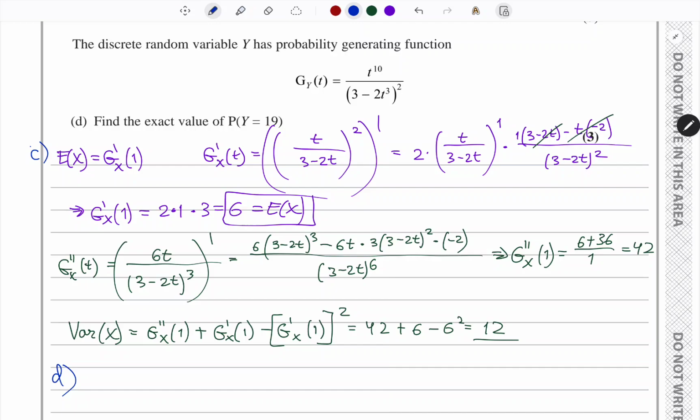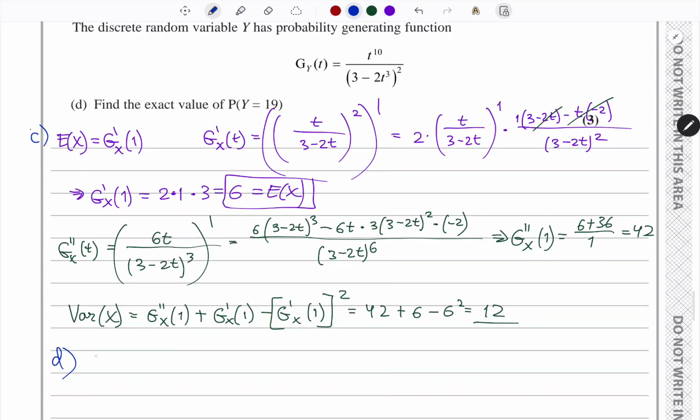I have to recall a wonderful property of probability generating functions. If y is equal to ax plus b, then the probability generating function of y at t is equal to t to the power of b times g of x, but its argument now is t to the power of a.